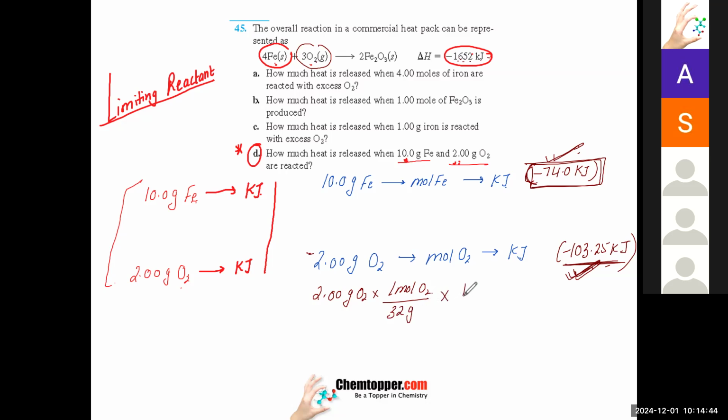Then 1652 kilojoules divided by 3 moles of O2. Can we check now? I think the boys are right. It's minus 34.4.